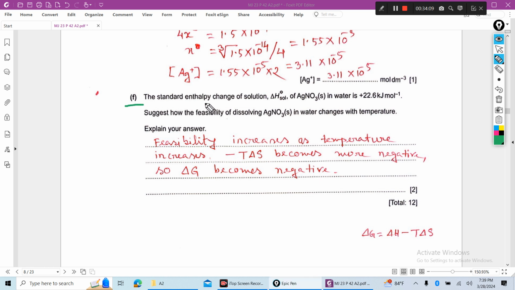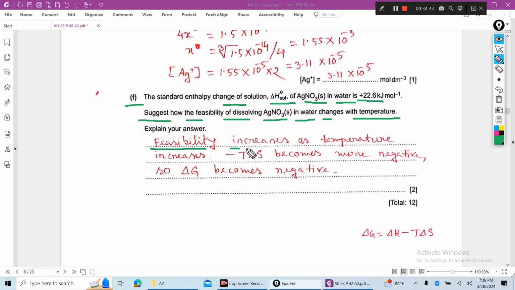F. The standard enthalpy change of solution of silver nitrate in water is plus 22.6 kilojoules per mole. Suggest how the feasibility of dissolving silver nitrate in water changes with temperature.